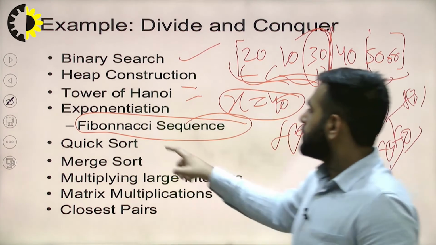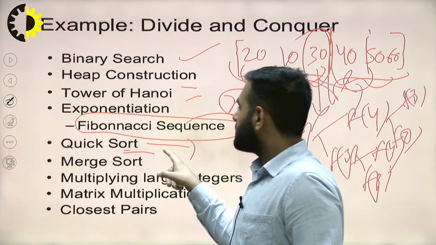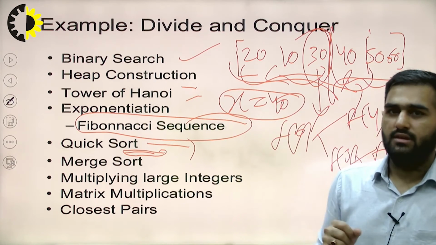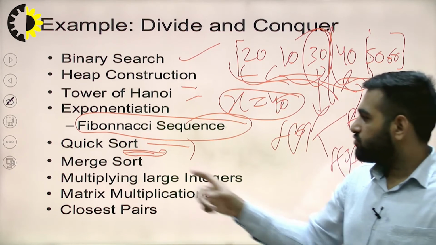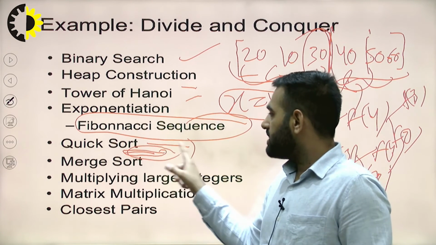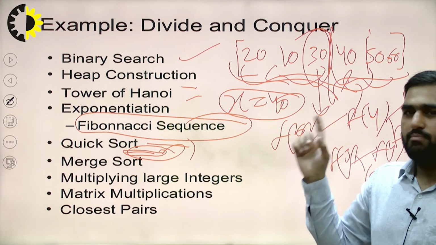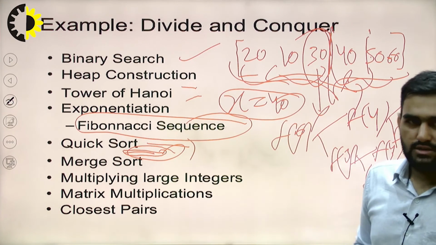Now quick sort, we will discuss next. Quick sort will divide the array on the basis of pivot element. In the given array, we have to sort the array using quick sort. So we will take a pivot element, and after the first partition, we will divide the array into two subparts on the basis of the pivot. Pivot will reach its exact place after the first partition.